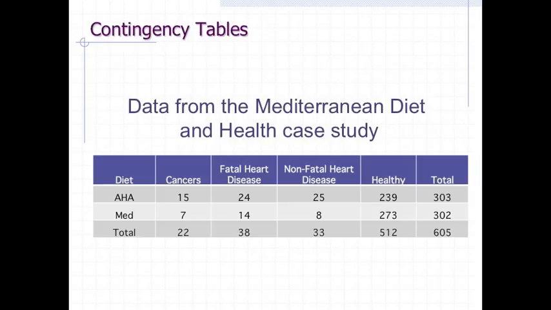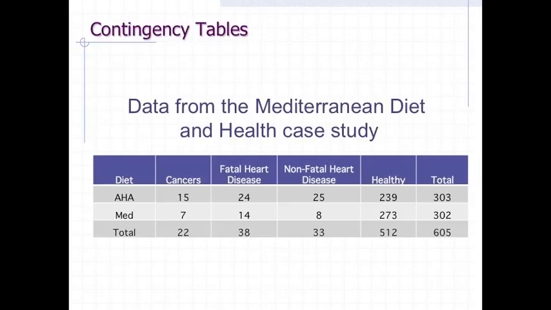The adverse health events of cancer, fatal heart disease, and non-fatal heart disease were recorded over a 4-year period. We can see that the American Heart Association diet led to more adverse health events.